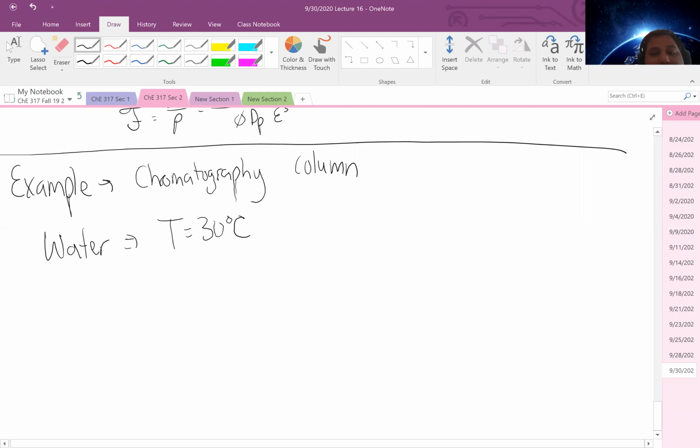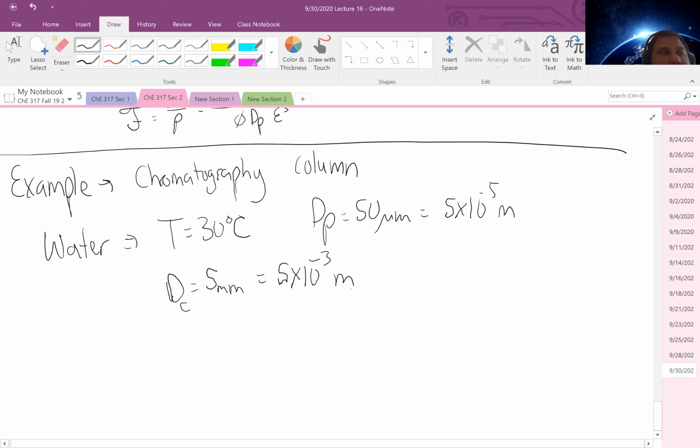The diameter of the particles was 50 microns, which is 5 times 10 to the minus 5 meters. The diameter of the column was really small, 5 millimeters, which is 5 times 10 to the minus 3 meters.